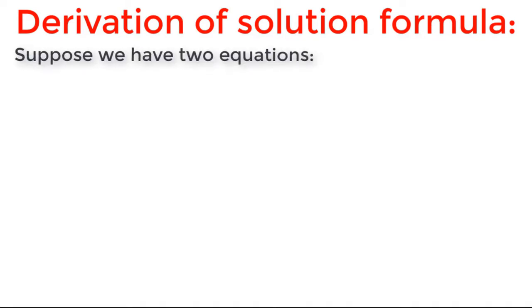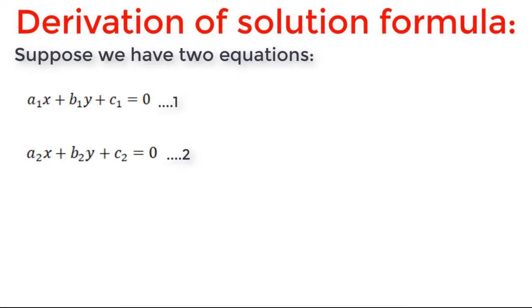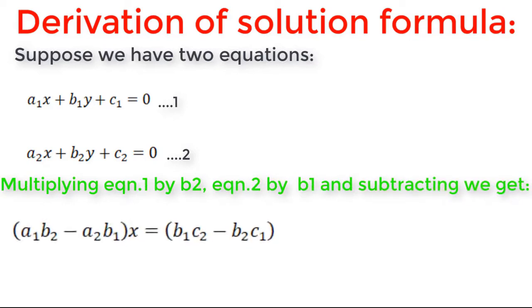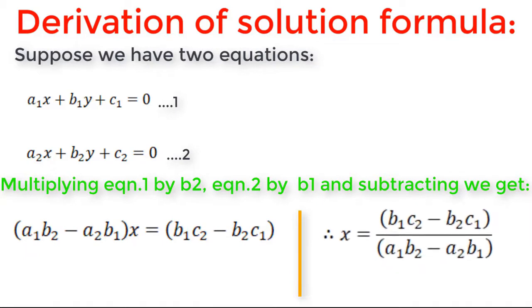Now let's see the derivation of the solution formula. For this, suppose we have two equations. The first one is a1x plus b1y plus c1 is equal to 0, and the second one is a2x plus b2y plus c2 is equal to 0. These both are standard forms of simultaneous linear equations but with different constant terms.